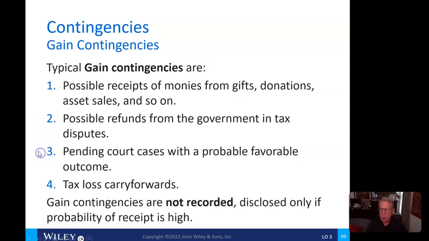Number 3, pending court cases with a probable favorable outcome. And number 4, tax loss carryforwards. We haven't done a lot on tax loss carryforwards, but that subject will be coming. All right, gain contingencies are not recorded.